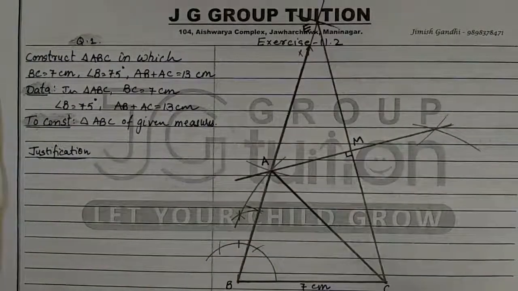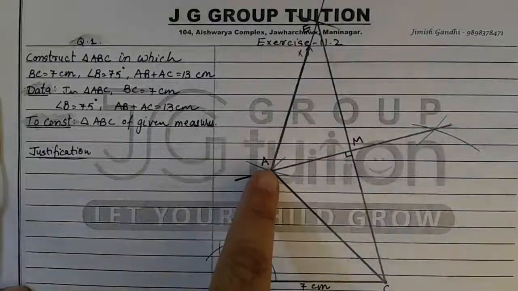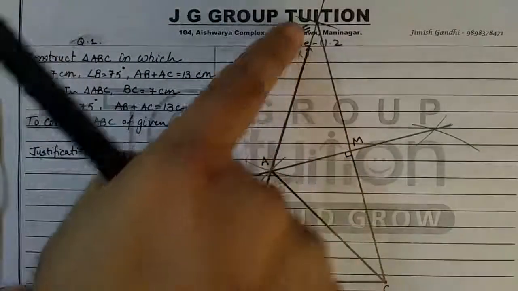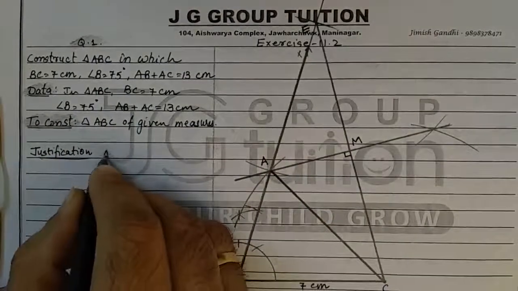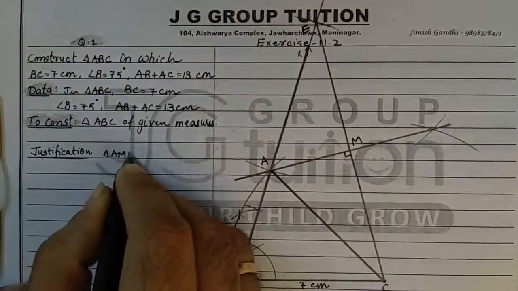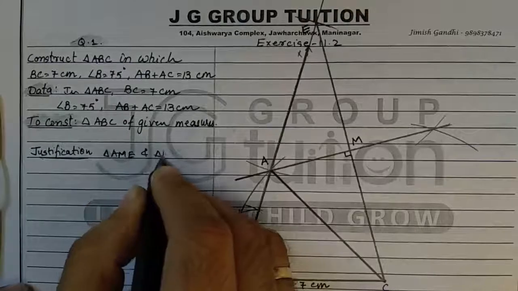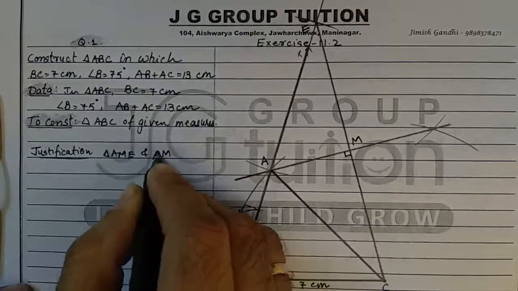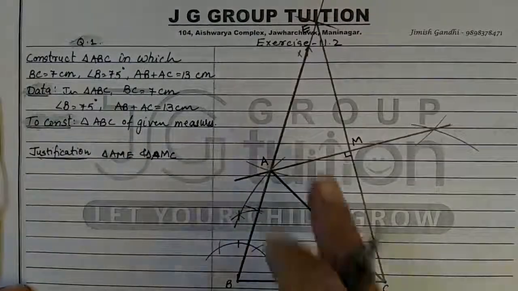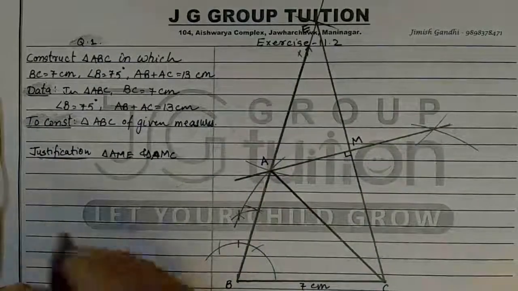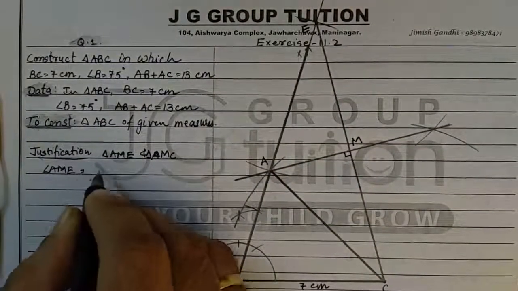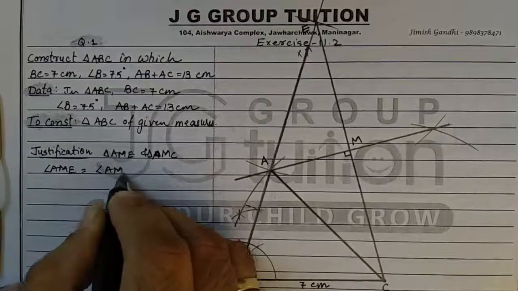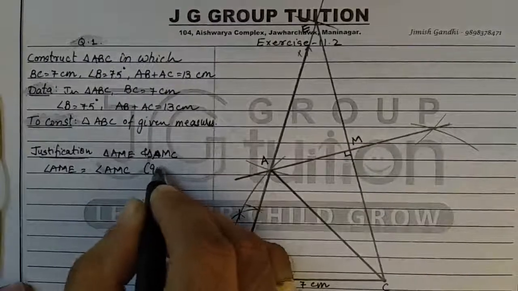For the justification, triangles AME and AMC are congruent. How? Angle AME is the same as angle AMC because they are both right angles.